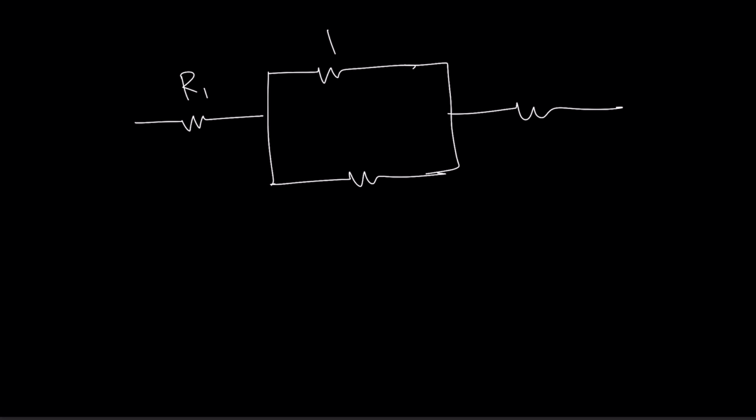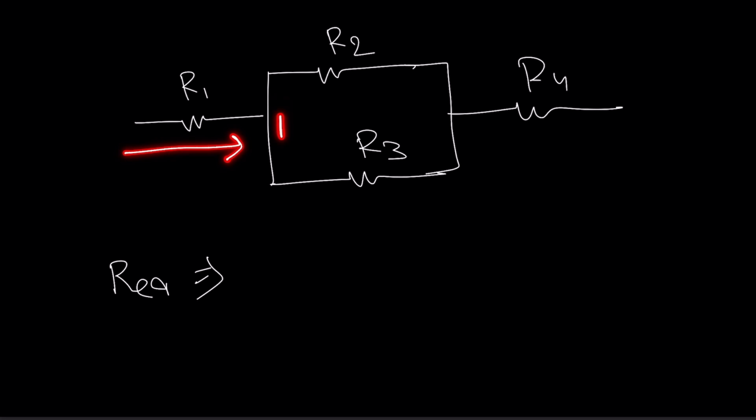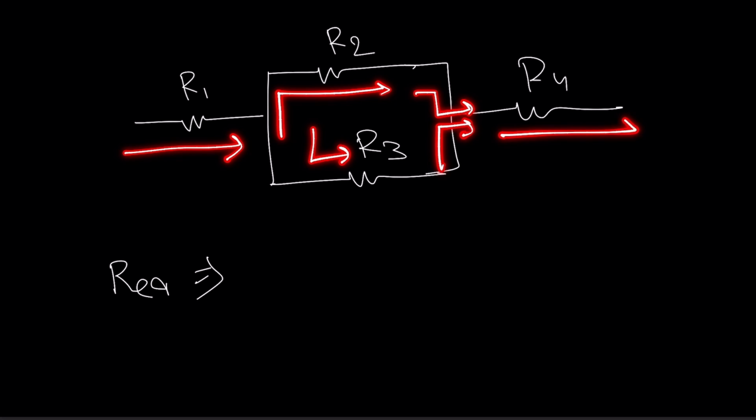this is R1, R2, R3, R4, and you need to calculate R equivalent. What you will do? Suppose think this is a pipe network, okay. Just flow some water. That means the water will flow from this side, okay. It will divide into these two branches, then it will meet again here, and then it will go here, right?